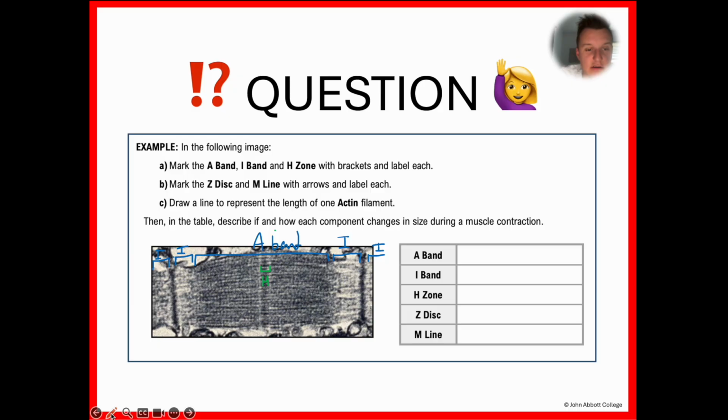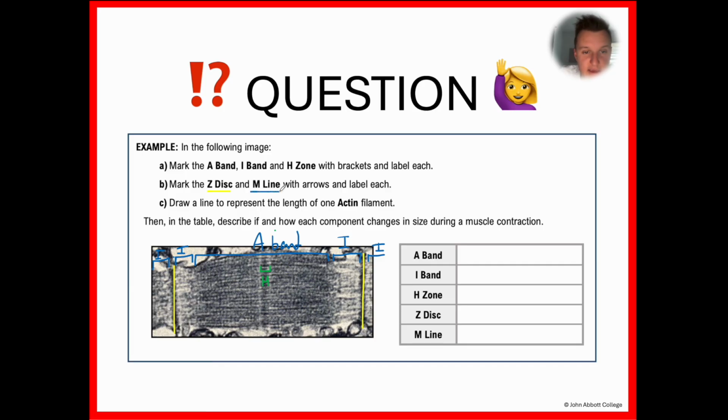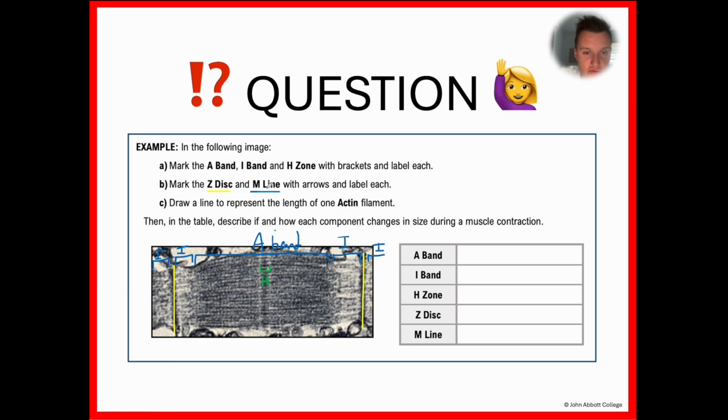Mark the Z lines. So I'm going to go here and mark the Z disc, they call it here, the Z line. That's the ends over here of each. And I'm going to go mark the M line, I'll do it in another color. The M line here would be this invisible line in the middle, the very middle.